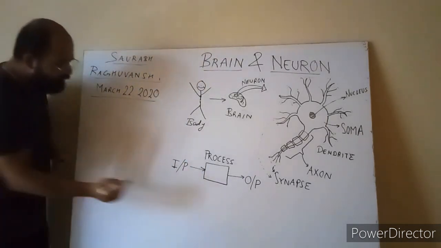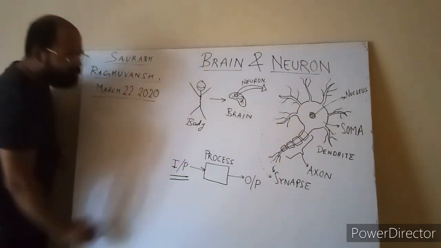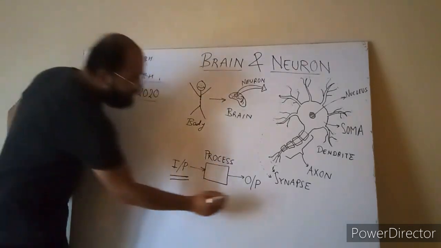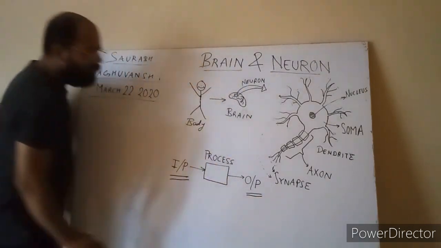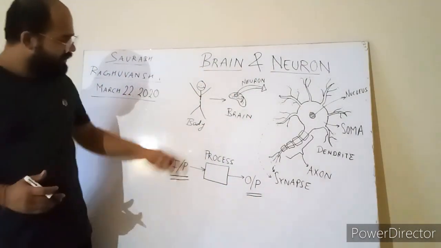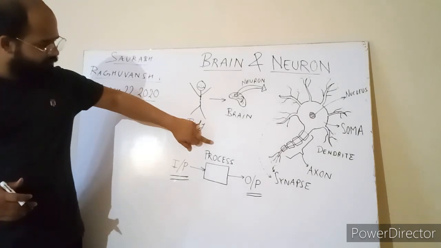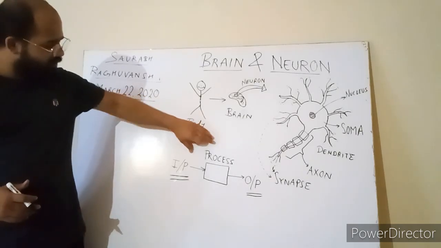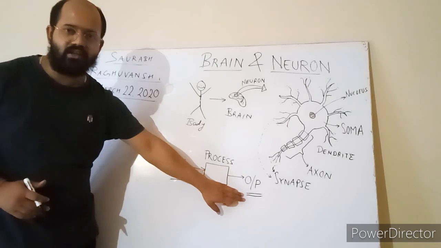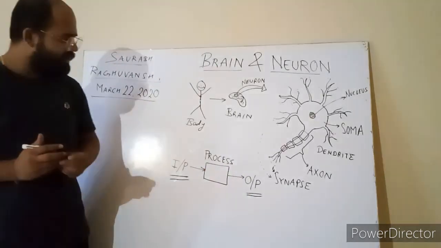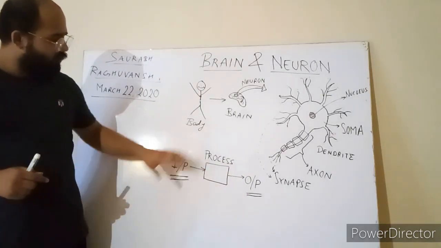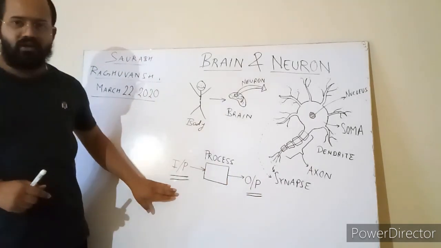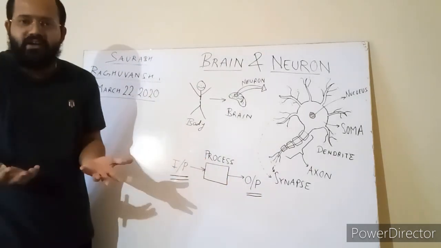We'll give certain inputs to this box, and we'll get certain outputs from that box, and a process is done on the input to give certain outputs. So basically, when we know the output and the input, then the process can be found out.